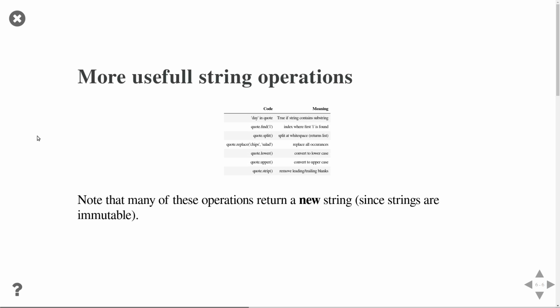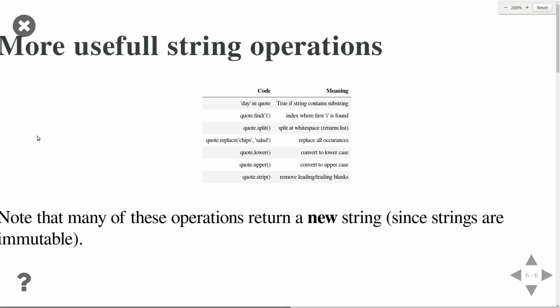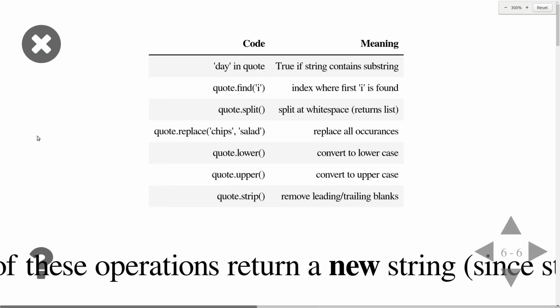So here's a kind of a cheat sheet of useful string operations. Let me zoom in a little bit. I won't go through these in all detail, but I thought it might be nice to have them on the slide so that you can look them up if you want.